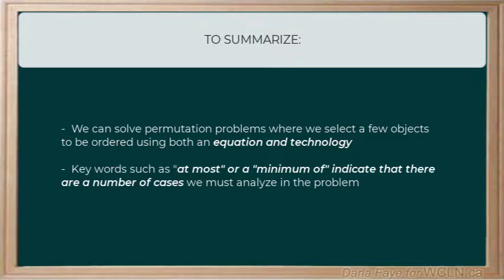When the scenario is more complicated and the numbers are much larger, we can make use of technology to help us evaluate and make the process simpler. When analyzing problems, it's important to determine whether or not there's more than one case involved. When we see phrases such as at least, at most, or minimum maximum, then there's likely more than one case to analyze.